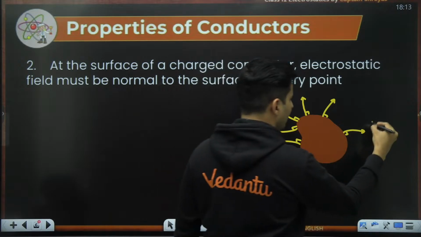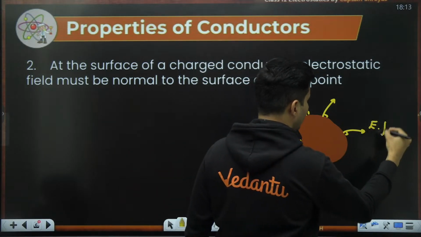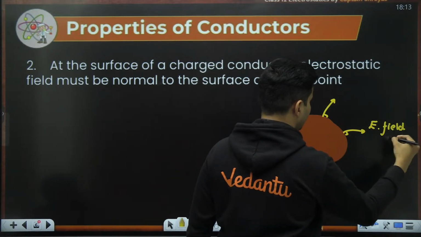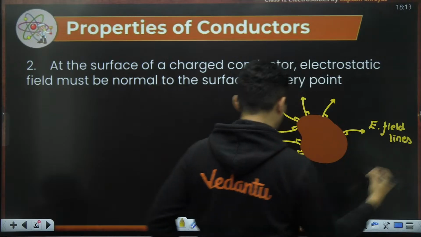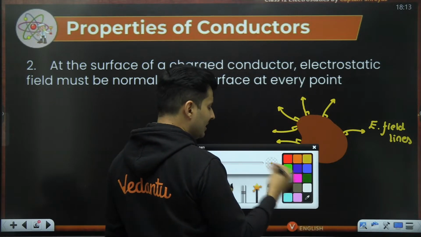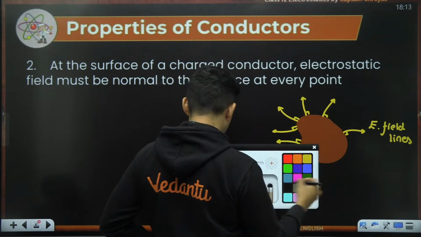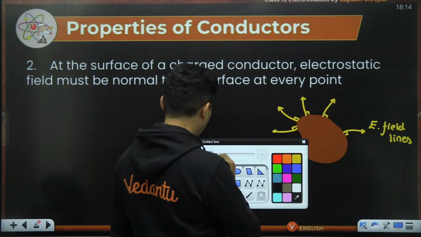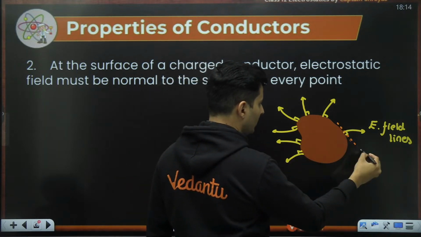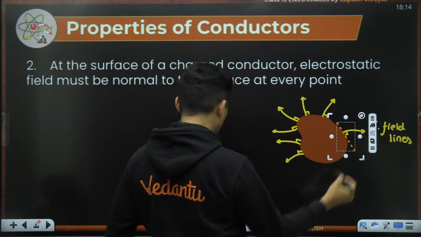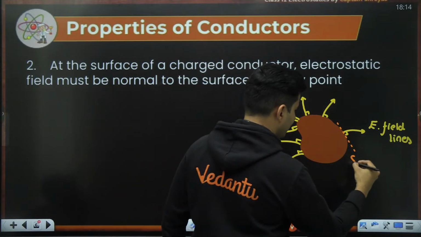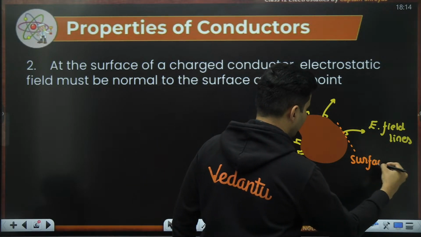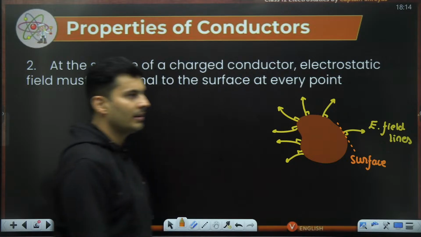Yes, these are basically your electric field lines. These electric field lines, afterwards they might bend, that's okay. But at any given point on the surface, if you draw the tangent, it's always going to be perpendicular to the surface of the conductor.